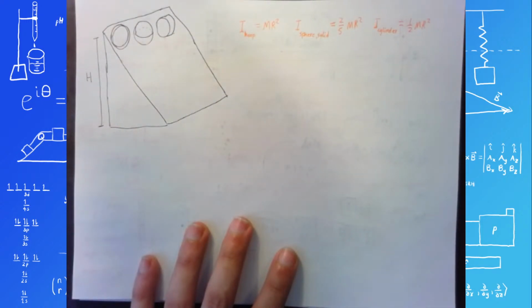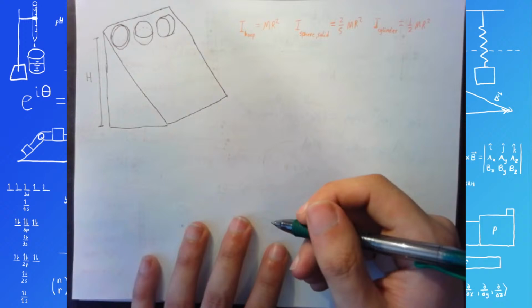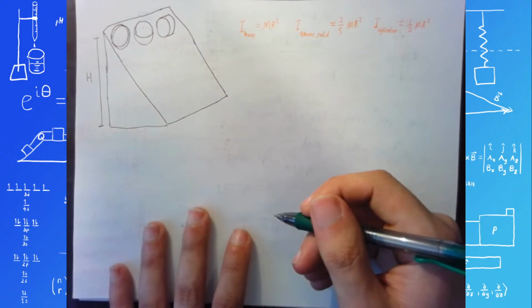But now I'm rambling. So let's go ahead and figure out what the final translational velocities of the centers of masses are going to be. The velocities of these rolling objects are the translational velocities of their axes.